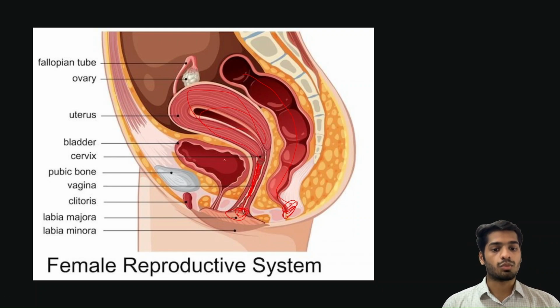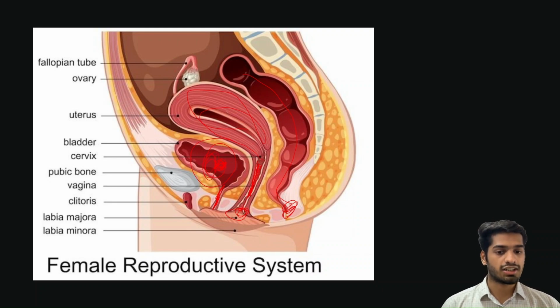And if you see, there is one more system which is in front of your uterus. This is your urinary system. So this is the urinary bladder which is going to have the urine, and after this you're going to see a small opening, a small tube-like structure which is known as your urethra. So your reproductive system is present in between your digestive system and your excretory system.